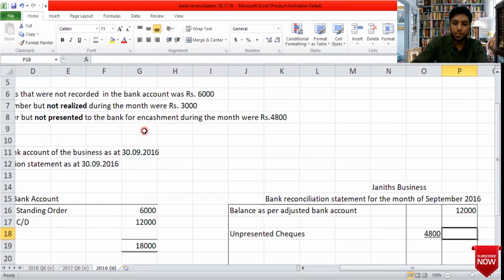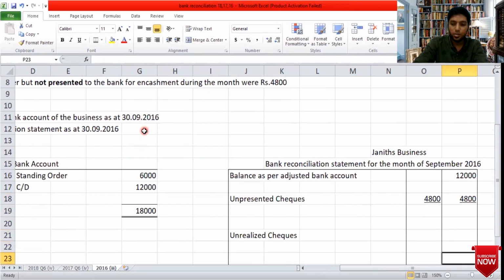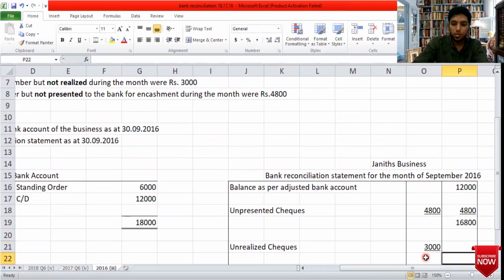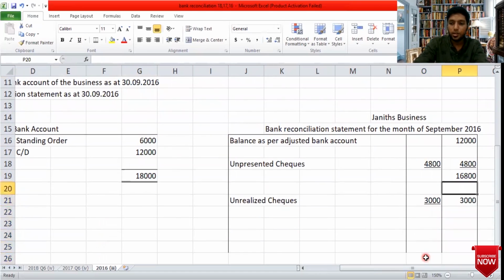So you will take this side 4,800. In total you will get 16,800, right? And now you have unrealized checks. Unrealized is how much? 3,000. You see here 3,000. So you write here 3,000, and you will transfer this 3,000. Unrealized you need to deduct, so I will deduct this amount, 3,000.